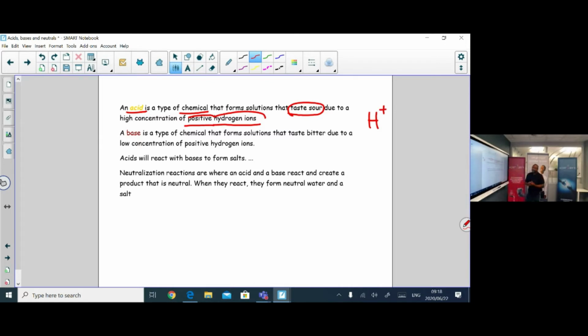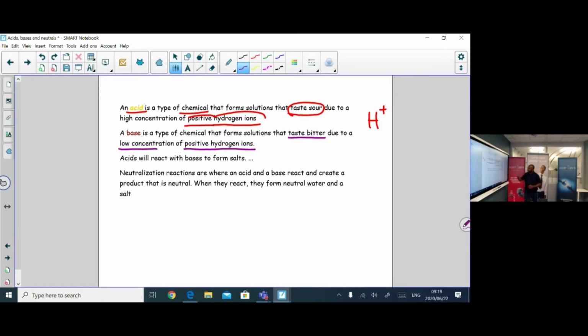That gives us an acid. What did we describe the base as? It's a chemical that forms solutions that taste bitter due to a low concentration of positive hydrogen ions.